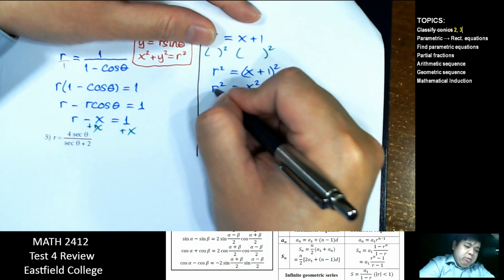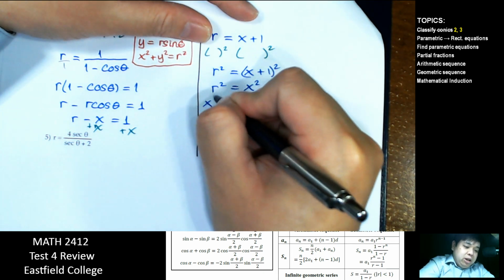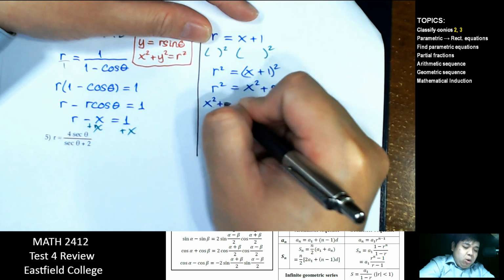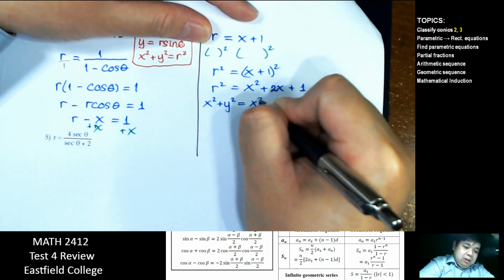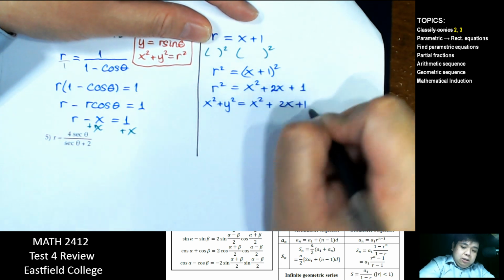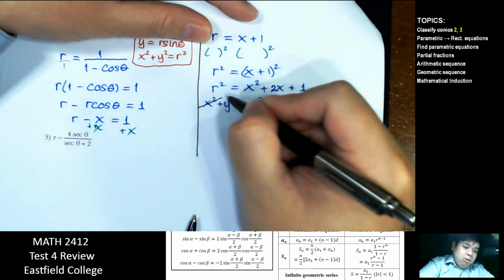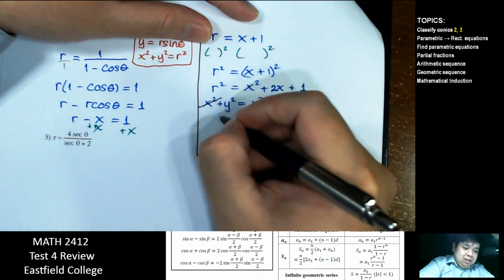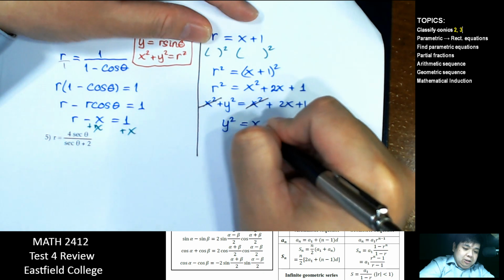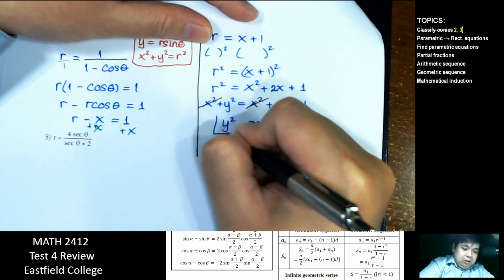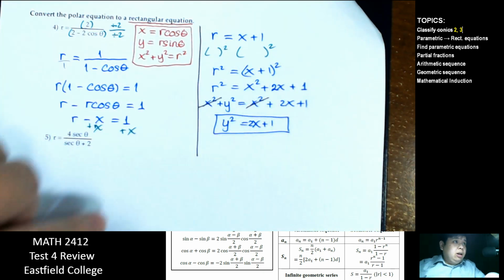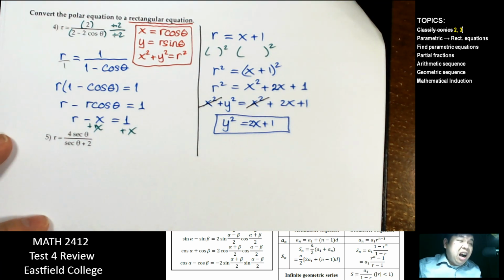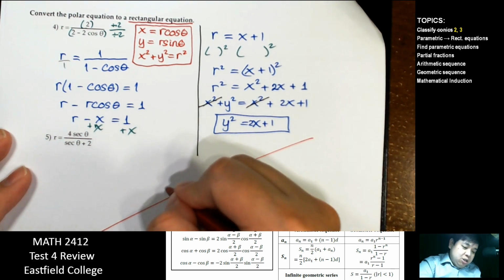But first, all we can use is r squared is x squared plus y squared. And we cancel that on both sides. Yeah. The second problem will be kind of like that, but let's omit it.